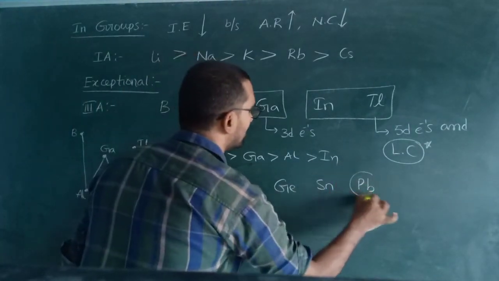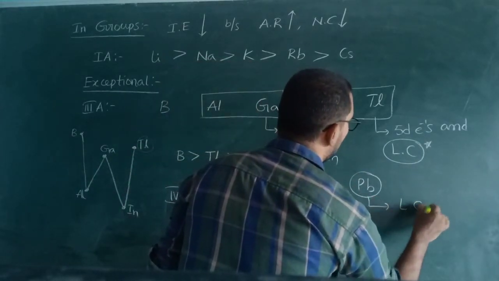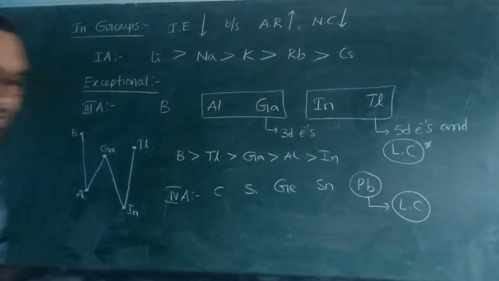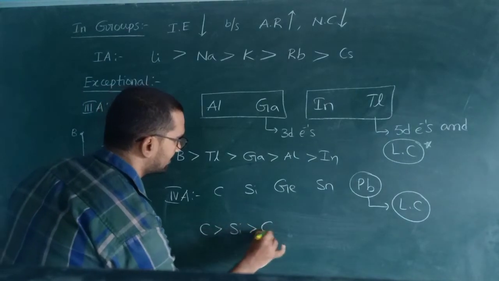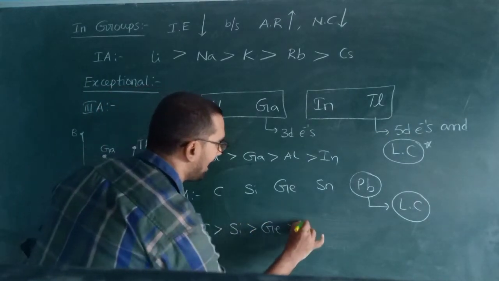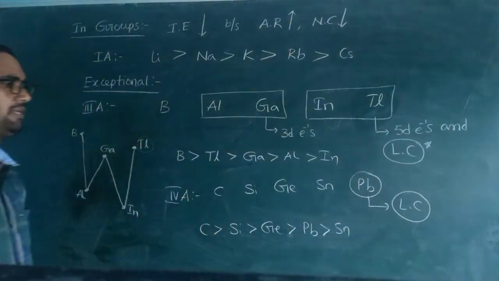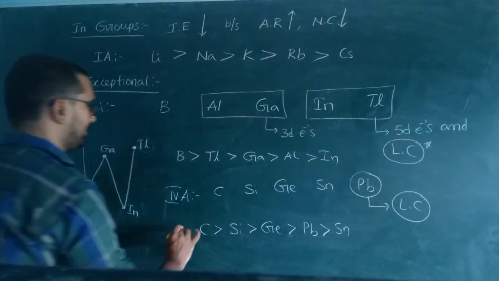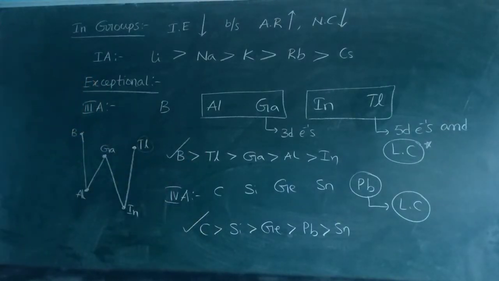This lead also is affected by lanthanoid contraction. That's why carbon, next silicon, next germanium, next lead, last one tin. This is the correct order for 4A, this is the correct order for 3A.